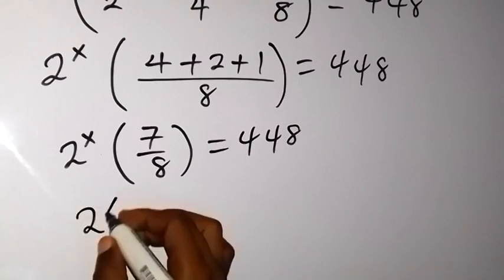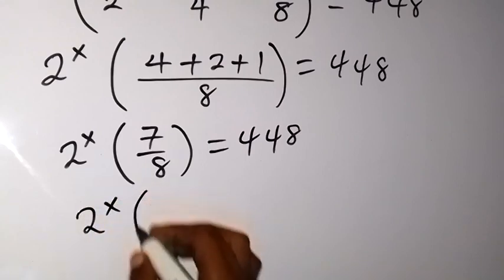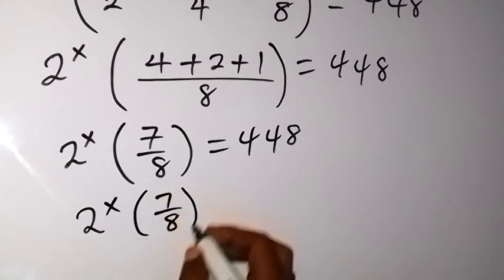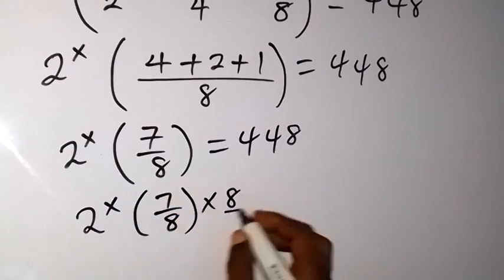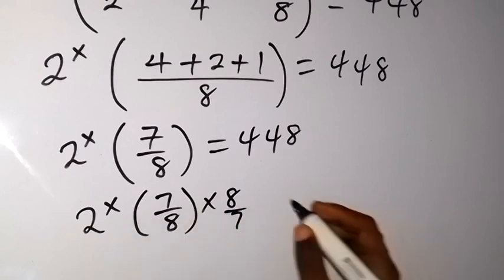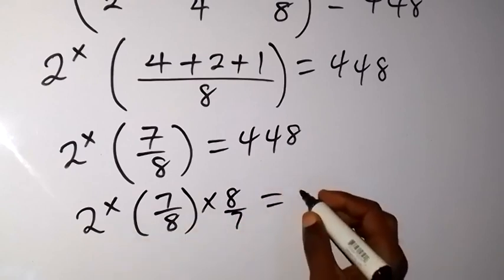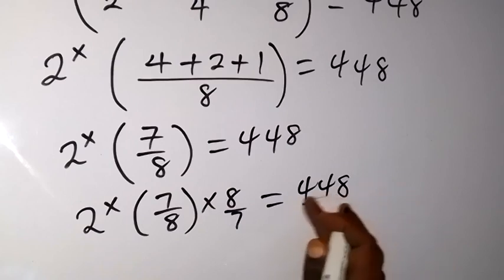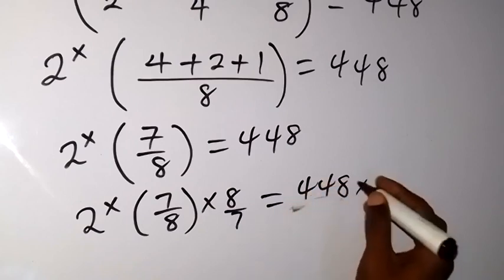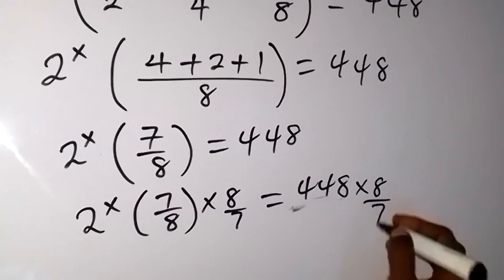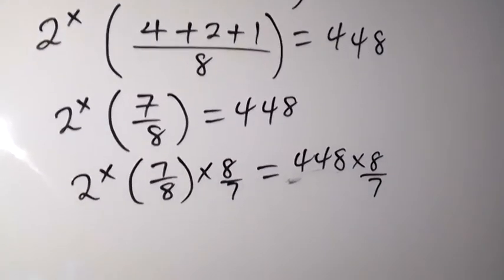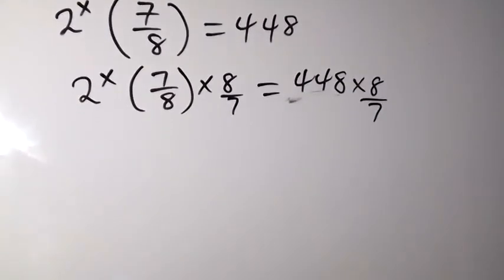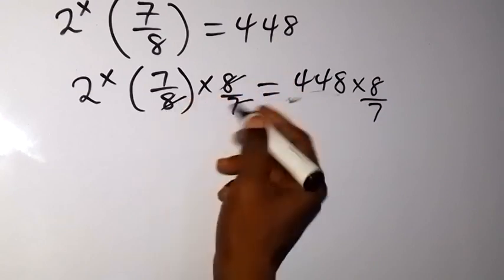I have 2 raised to power x times 7 over 8, then times 8 over 7, so as to delete this. Then equals to, on this side as well, 448 will be multiplied by the same thing, that's 8 over 7.